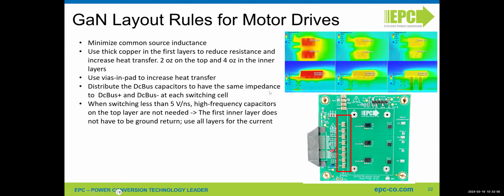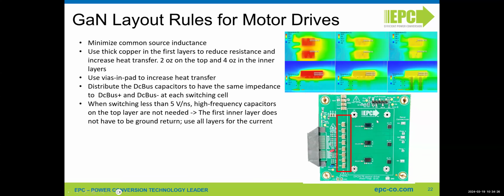So if you look here, there are no high frequency capacitors in any of the switching cells. The capacitors you see here on this board, in the top layer, are there because this is a power stage. There is a gate driver integrated with the high side and low side GaN-FET, and these are the bypass capacitors for the power supply, which is a good rule to put next to the integrated circuit.